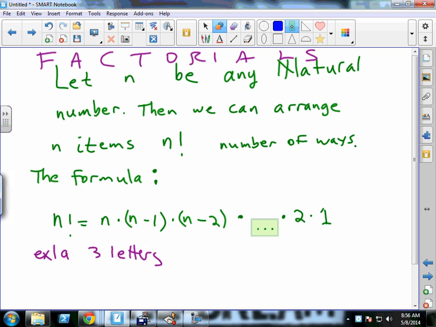You multiply by 1 less than that, then by 1 less than that, then by 1 less than that. And it depends on how many things there are in the first place, but you ultimately multiply in the end by 2 and then by 1. So it just means that pattern continues. We could have written n minus 3 and n minus 4, and then on the other side of that, 4 times 3 times 2 times 1. Okay, it just means that that pattern kind of continues.